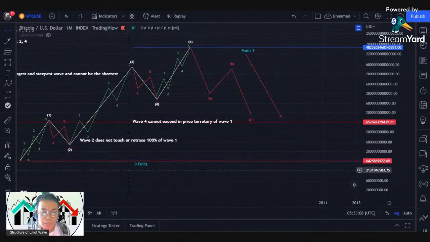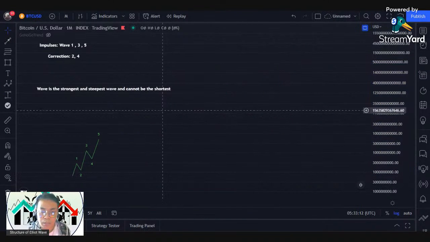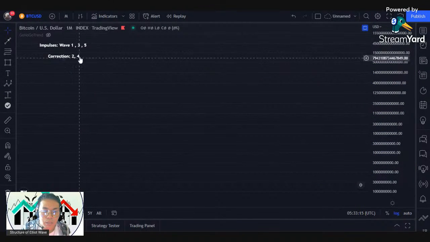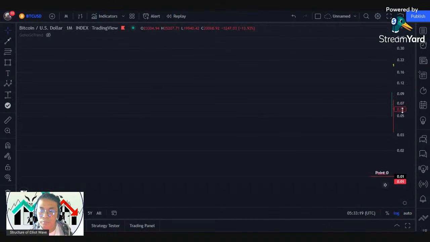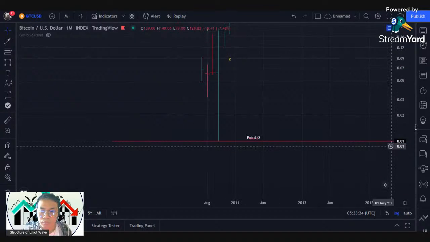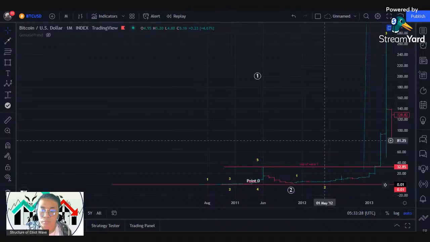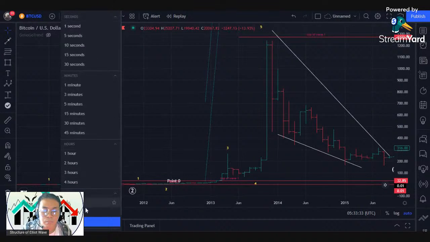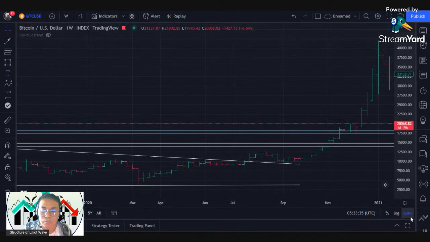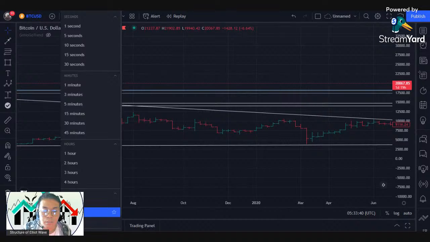Some Elliott Wave markets. Let's go first, since we are now in BTC, let's see here in the BTC. Wait, this is weekly.